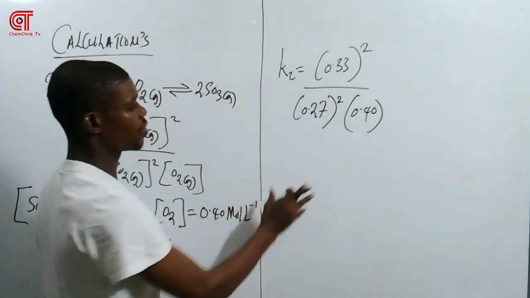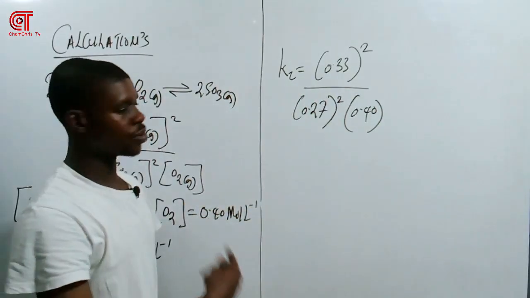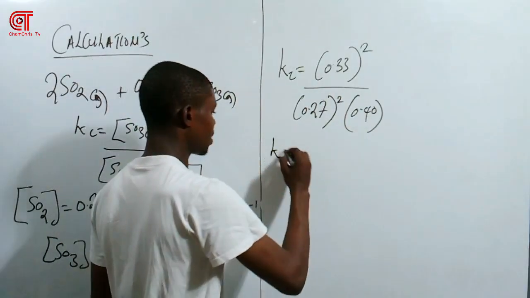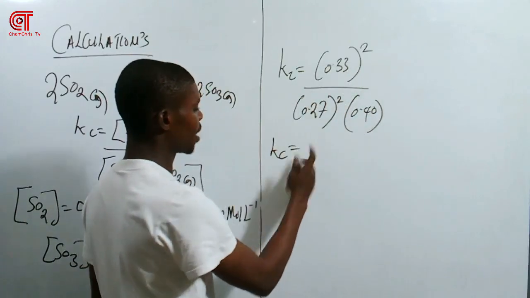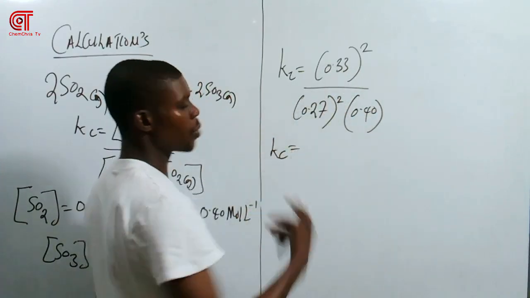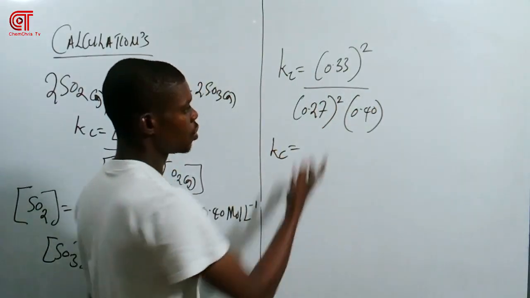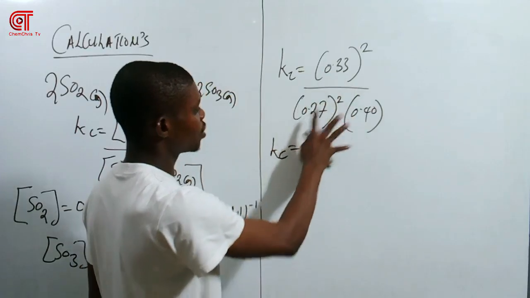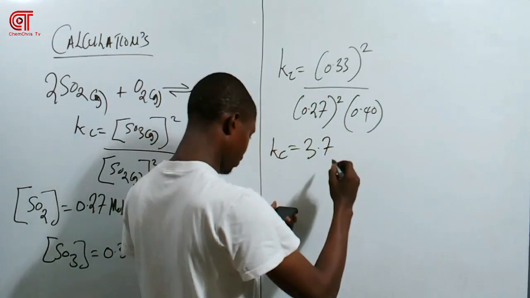If you know how to use your calculator very well, you can easily punch all these values in and get your answer. I will not advise doing it one by one; I advise using your scientific calculator to get it straight. If you punch these values into the calculator, you are going to get 3.03.